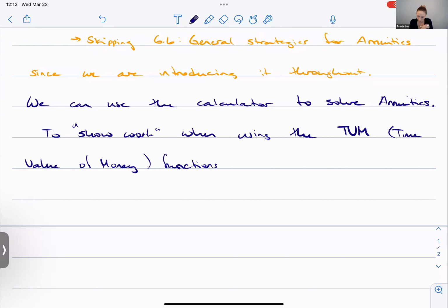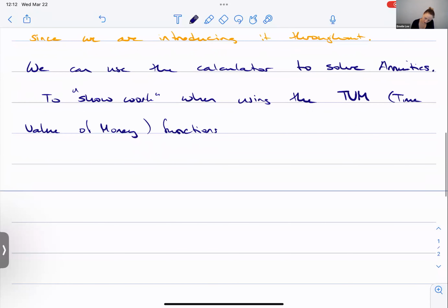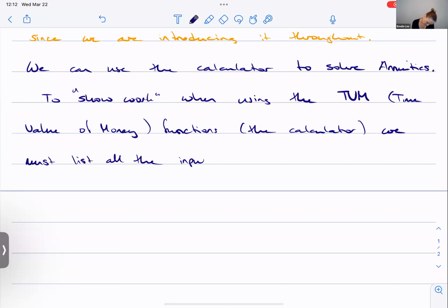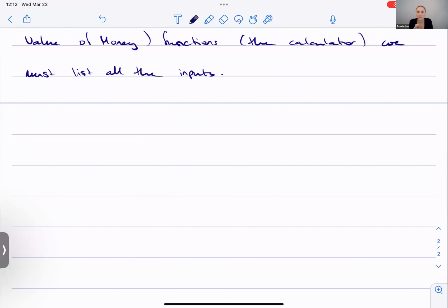To show work when using the TVM functions on the calculator, we must list all the inputs. Okay, and we've seen this list before. I'm just going to add one more item to the list, and then we'll be complete.